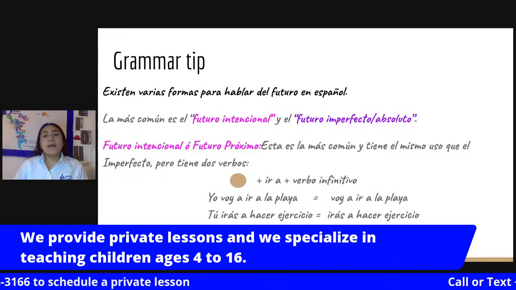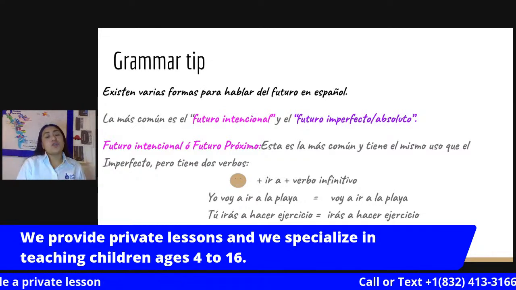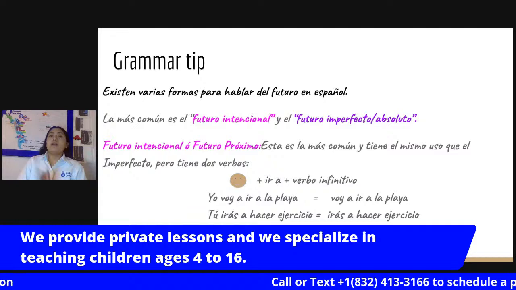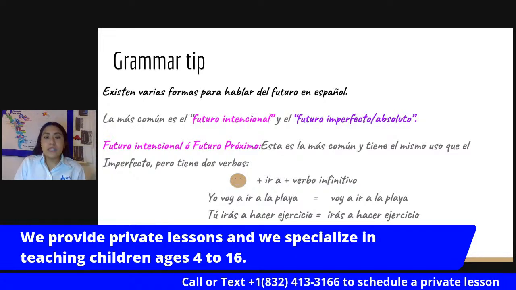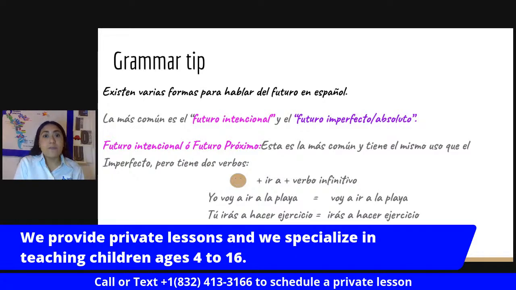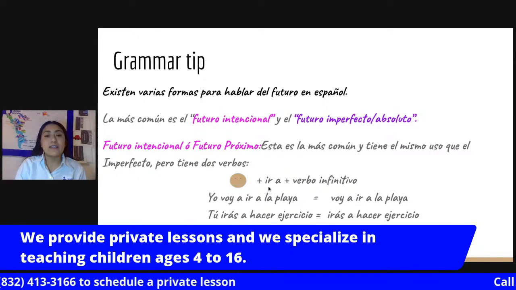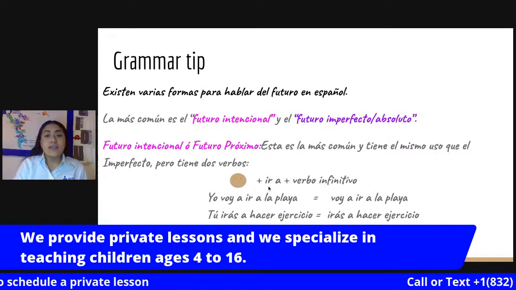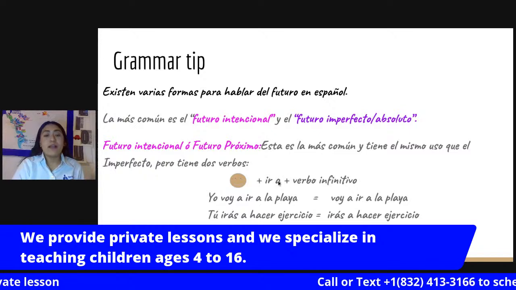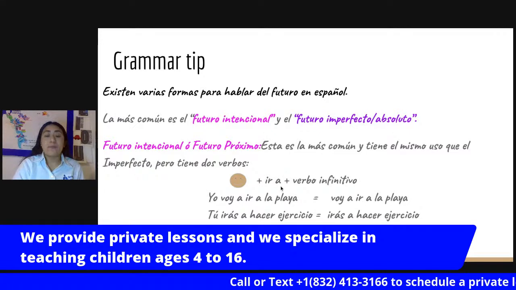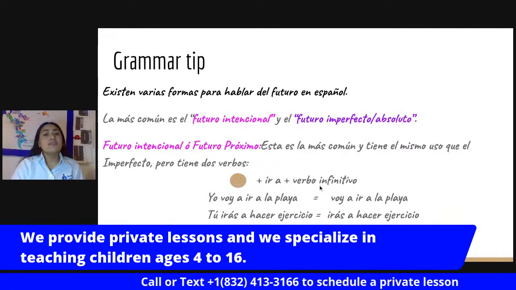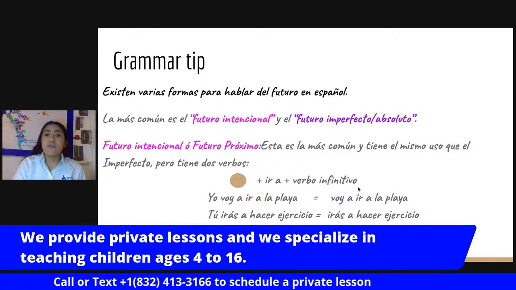So, for this future, we are going to follow a rule. That is the verb to go, that is ir, as you can see, ir, plus a, vowel a, that is a preposition, plus the verb in infinitive way.